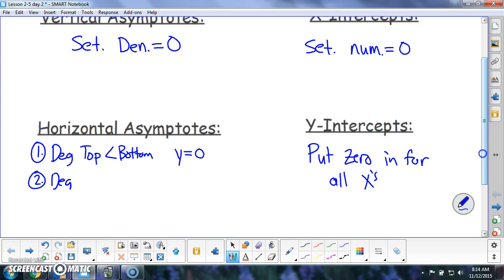If the degree of the top is equal to the bottom, then you have to divide the leading coefficients. And I think I showed you some examples of that yesterday.